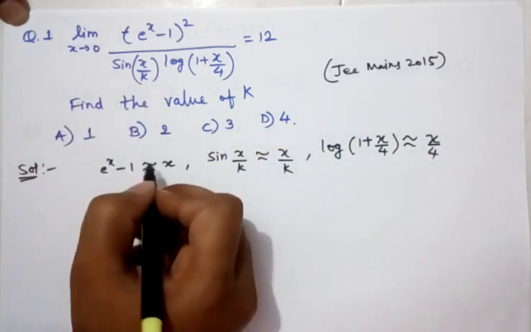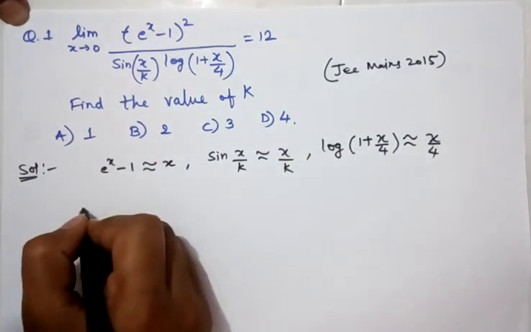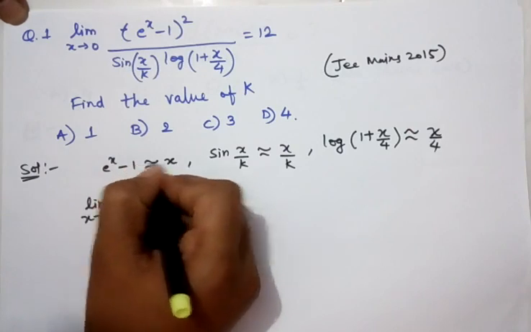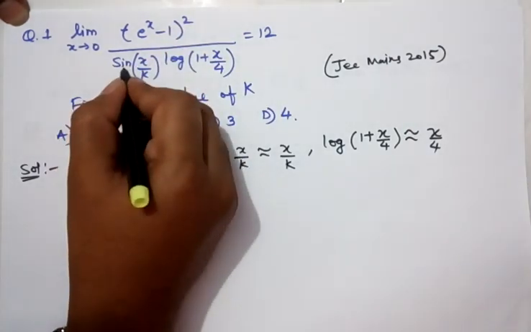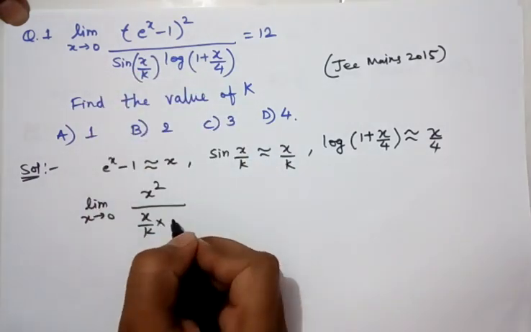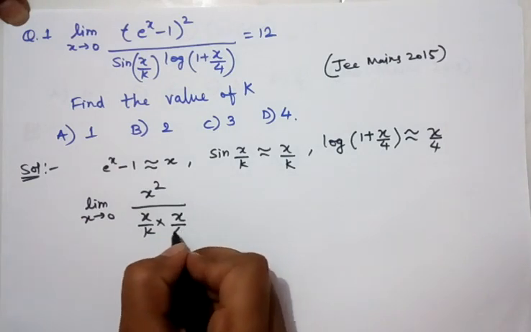Because x is tending to 0, each of these is tending to 0. So the problem now transforms to e power x minus 1 is x, so here we get x square. Denominator sin x by k is equals to x by k, and the log term is equals to x by 4.